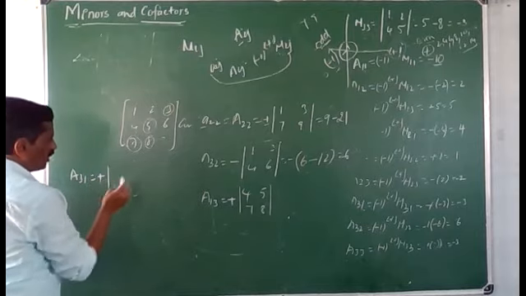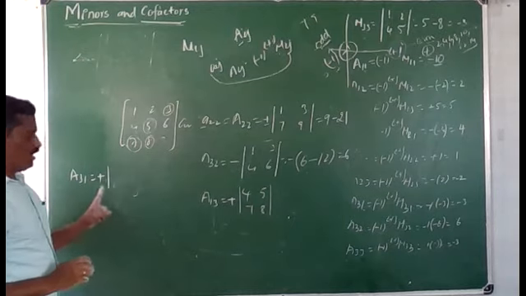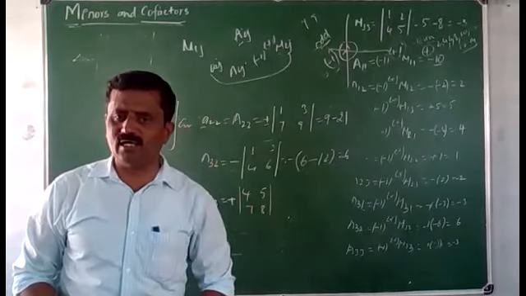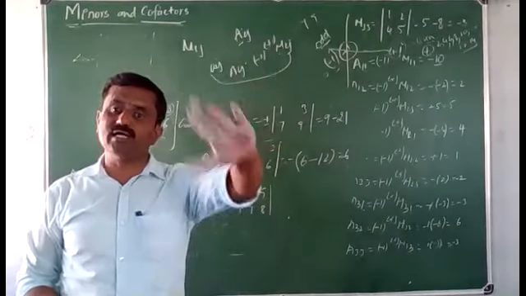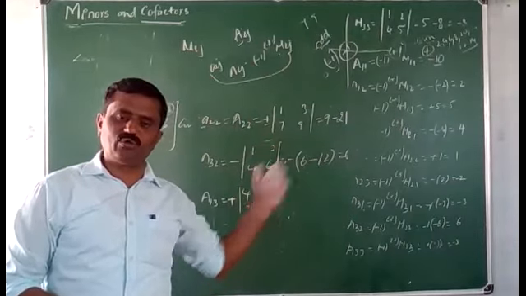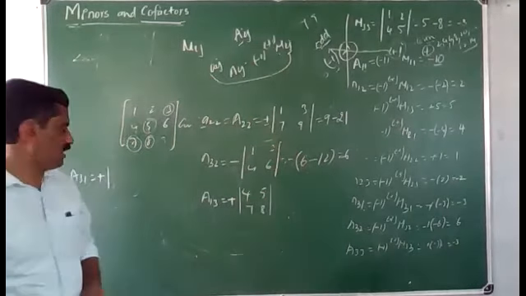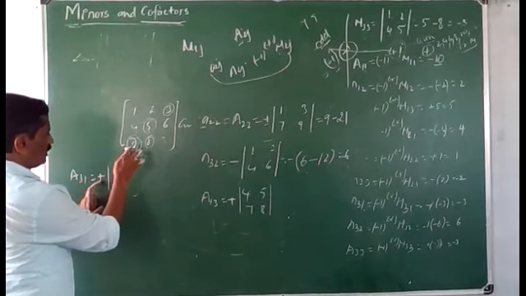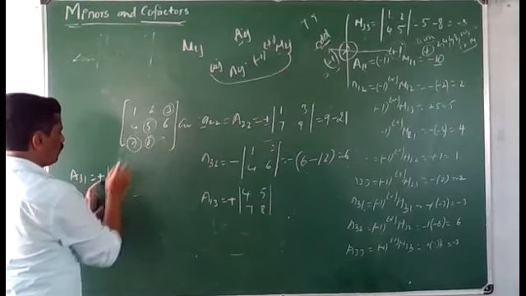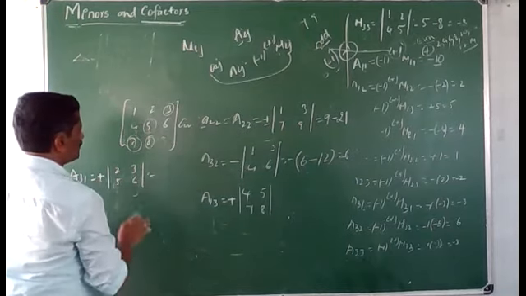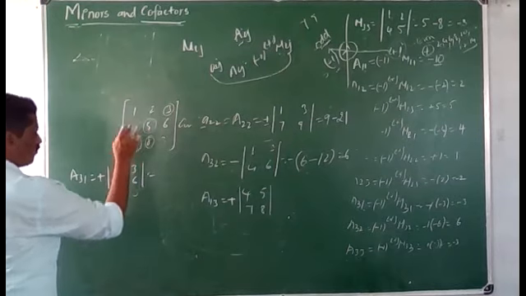So into the determinant of. See, here I am finding the cofactor directly. I am not writing the minor first and then multiplying the sign; I multiply the sign first and find the cofactor. So this is plus. Leaving this row and column, we have 2 3 5 6. Expand this. For example, what is the cofactor of 4?